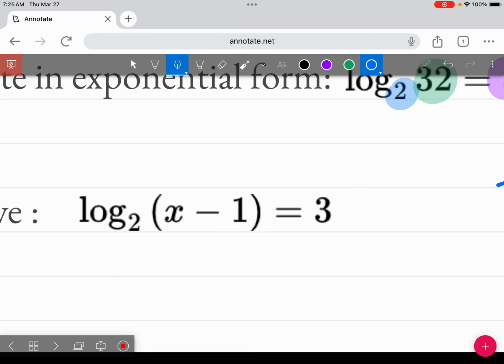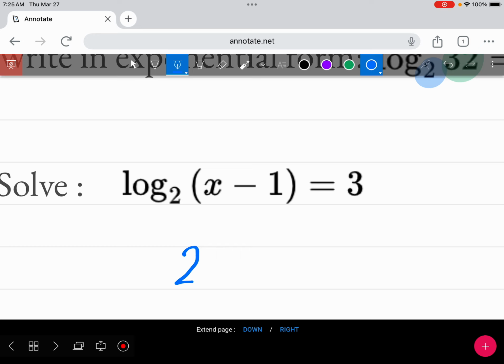What's our base? 2. What's our power? 3. P, power. And that's going to equal the argument, x minus 1. We spend a lot of time on this switching because it is an important piece.